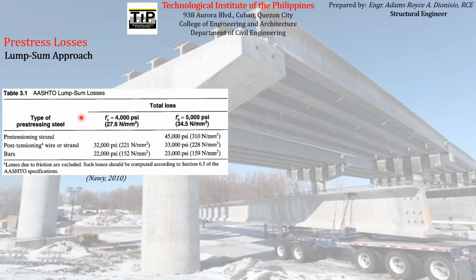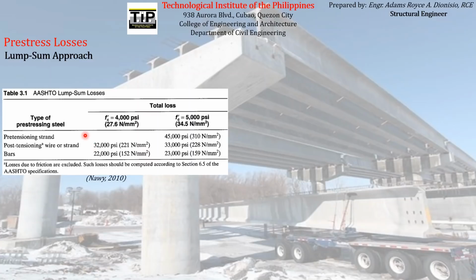Although you have to take note that the pre-stress losses mentioned here do not include the losses due to friction. So if you want to consider the losses due to friction, you have to compute them separately according to AASHTO specifications.